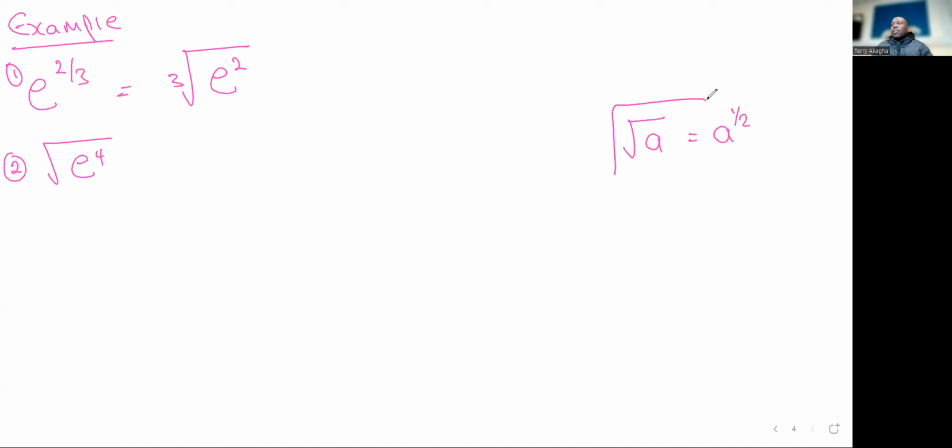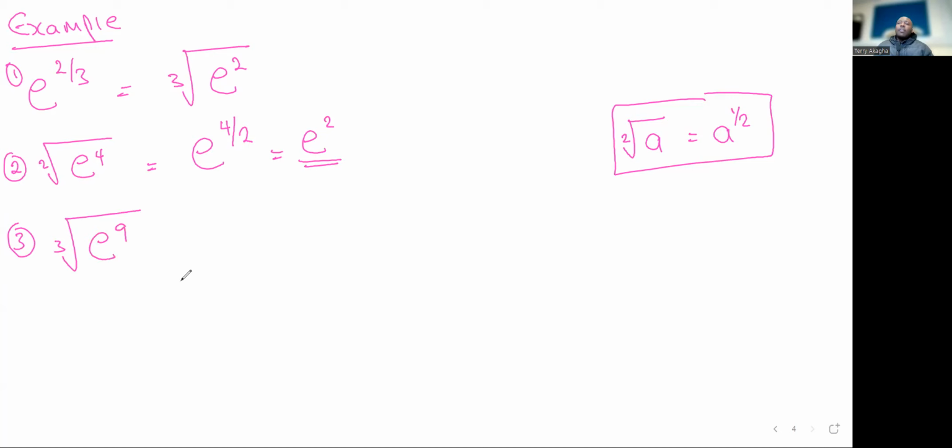We talked about this in the laws of indices. So that means for square roots, there's a 2 here. Are you seeing it? So I can rewrite this as exponent of 4 over 2, and this is going to give me an exponent of 2.